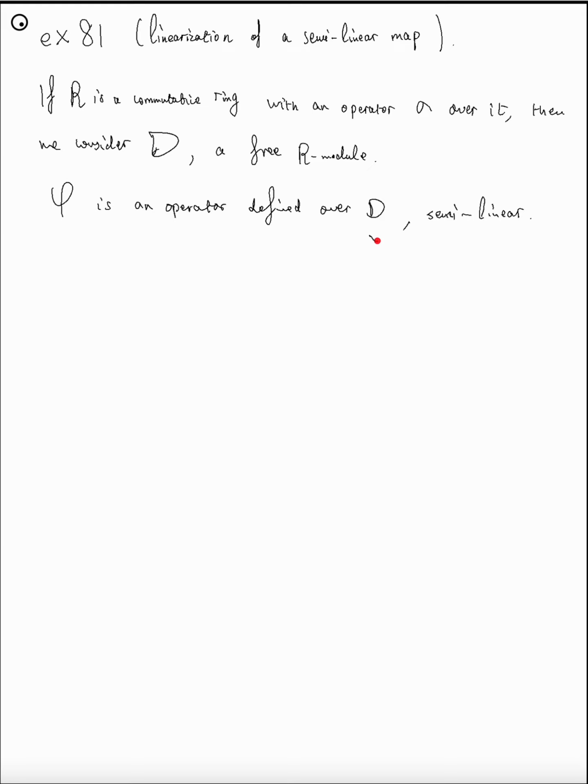It means that if you take an element from this free R module, let's say sum of r_i x_i, with i in an indexing set, then semi-linear is just telling that this operator acting on this element.